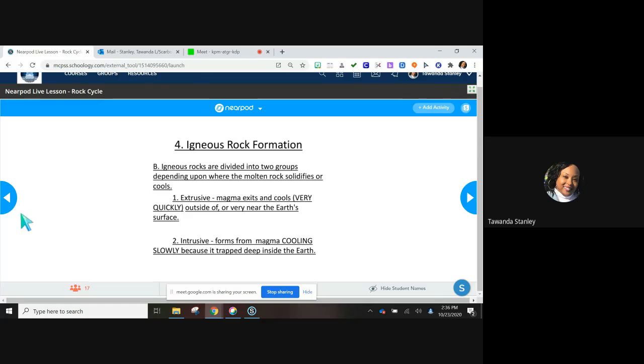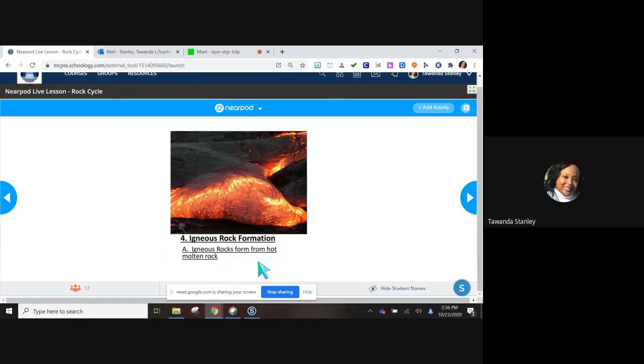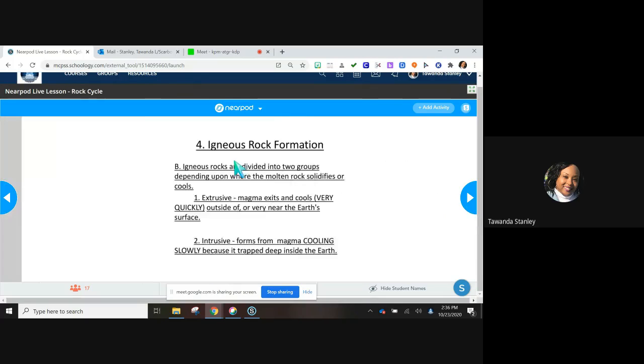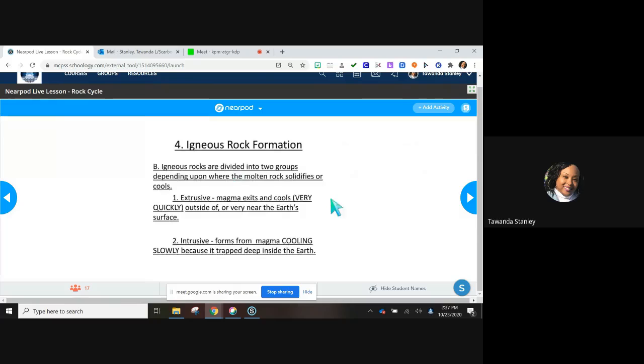So again, the igneous rock is formed from hot, molten rock, and how it is divided into two groups depends on where the molten rock solidifies or cools. If it cools on the outside, it's going to be an extrusive igneous rock. If it cools on the inside, it's going to be an intrusive igneous rock.